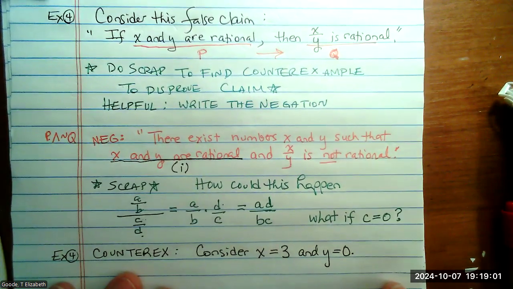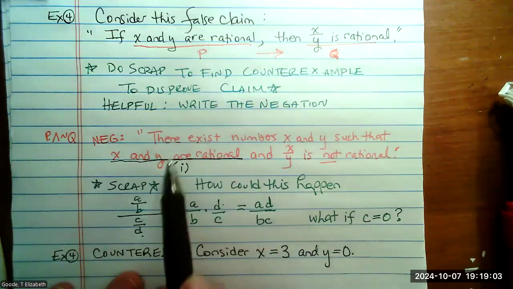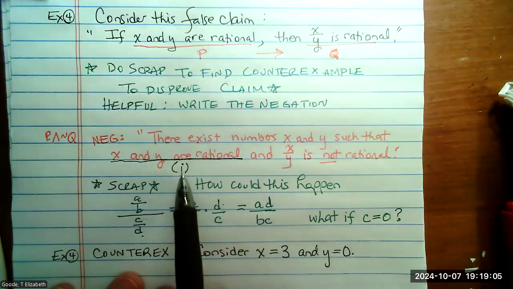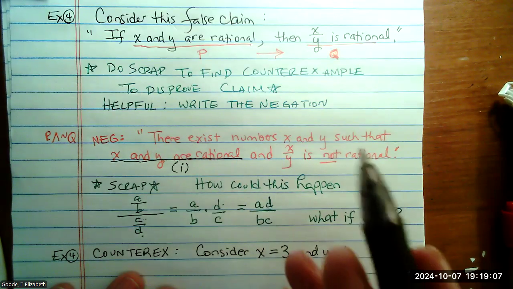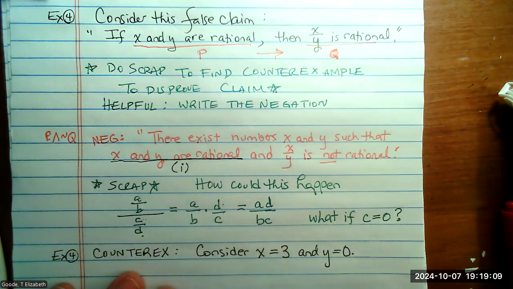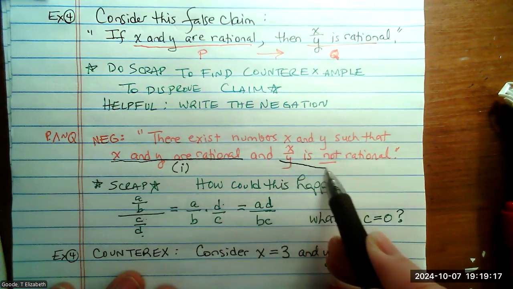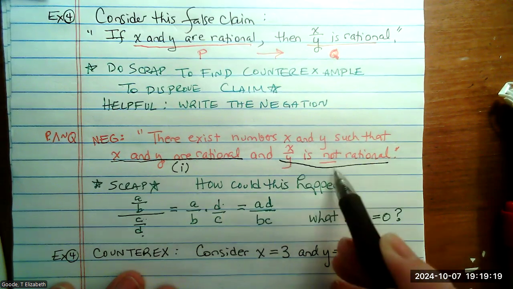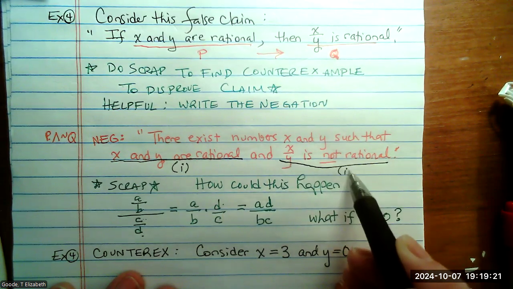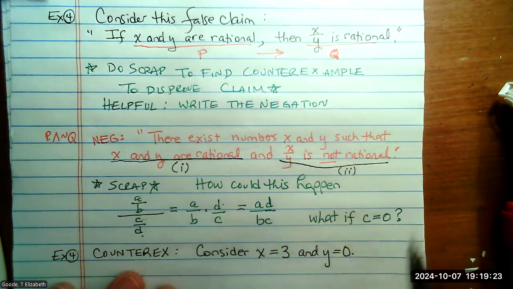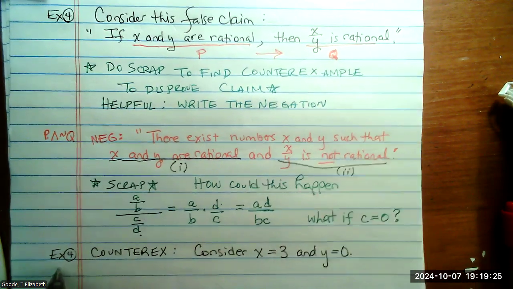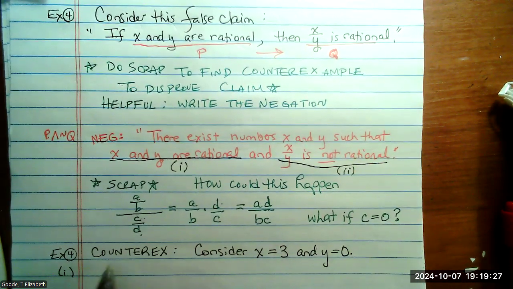If you look at the notes from last time, when we're proving an existential statement, you have to prove that the objects you say exist are in the correct domain. So we're going to verify that these are both actually rational. Then we verify the property, and that is that X over Y is not rational. Okay? So here we go.